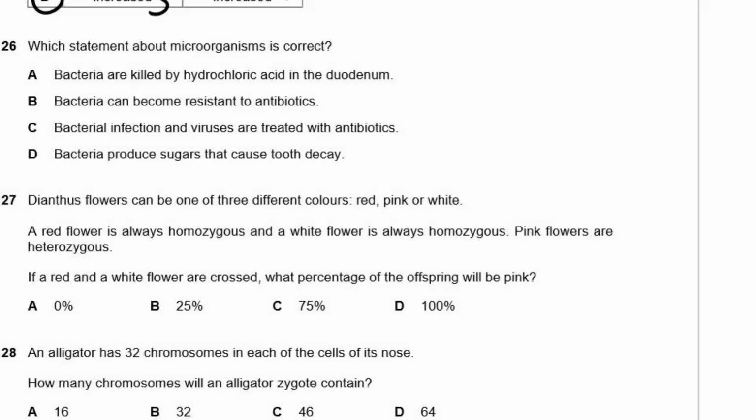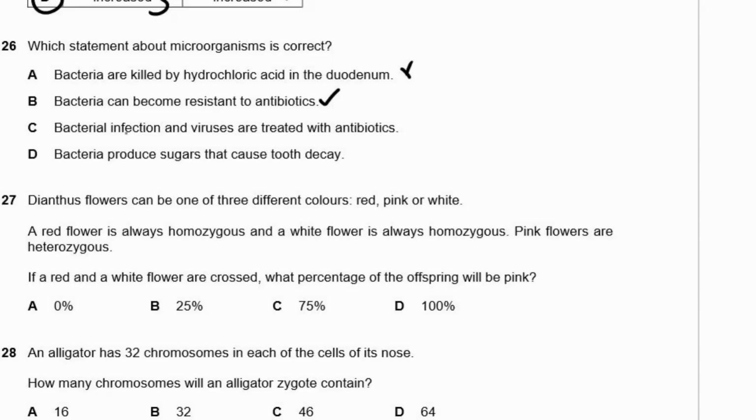Question 26. Which statement about microorganisms is correct? Bacteria are killed by hydrochloric acid in the duodenum. No, hydrochloric acid is in the stomach, so that's not correct. Bacteria can become resistant to antibiotics. That, unfortunately, is true. Bacterial infections and viruses are treated with antibiotics.